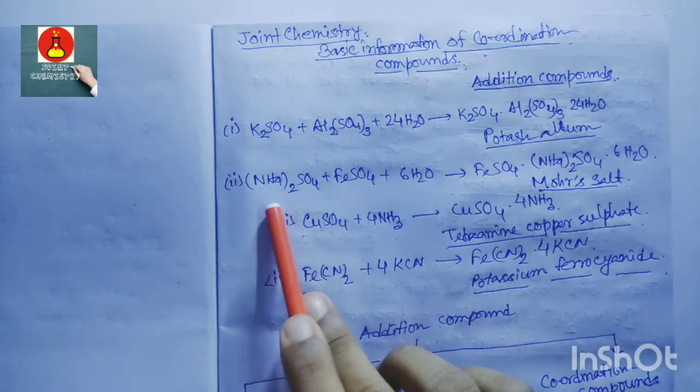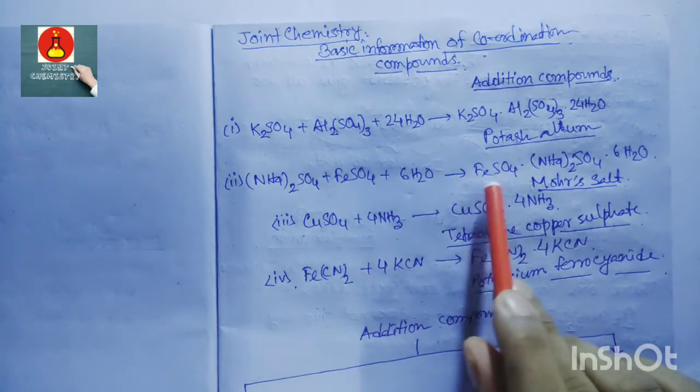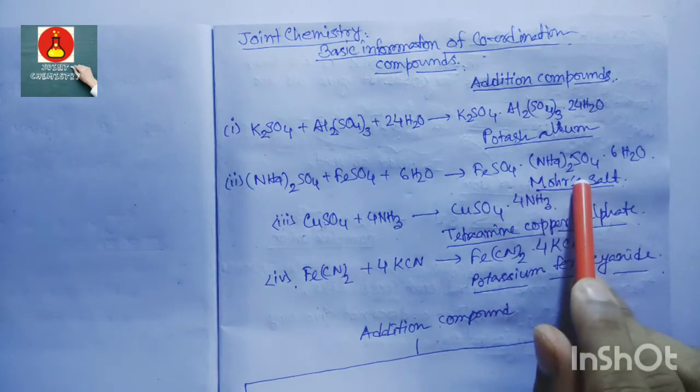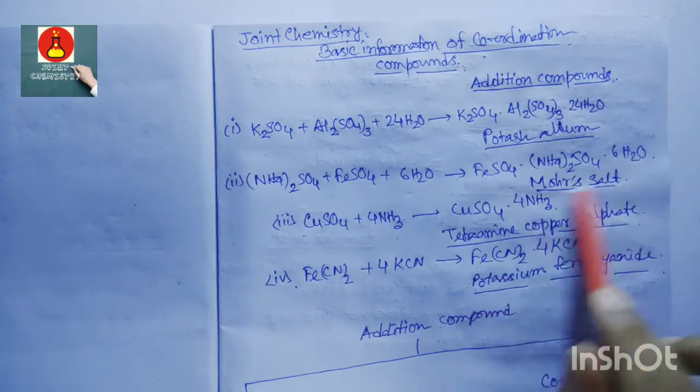In the case of (NH4)2SO4 and FeSO4 with 6H2O, we get FeSO4·(NH4)2SO4·6H2O. This is a Mohr's salt.